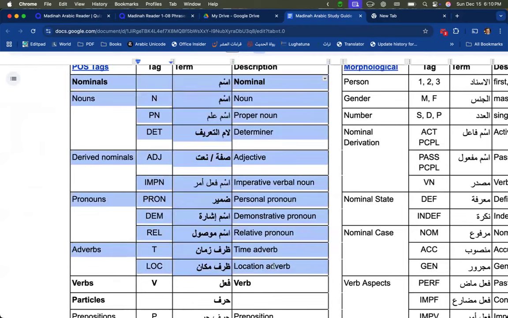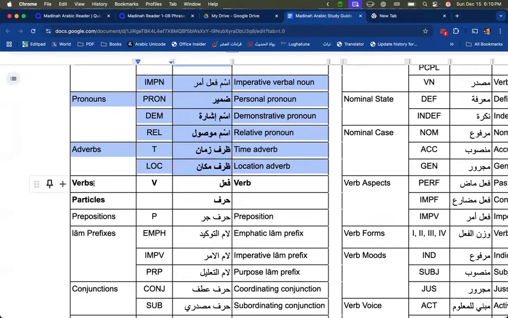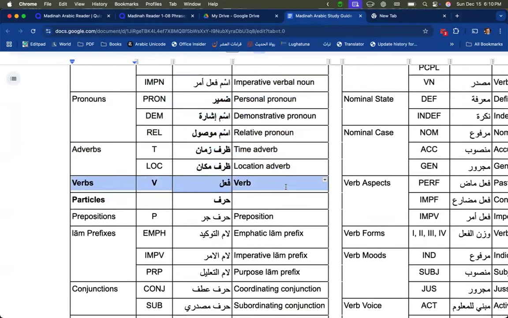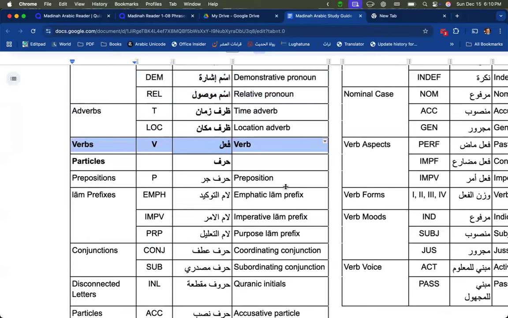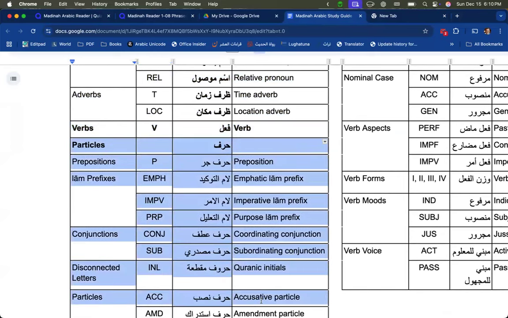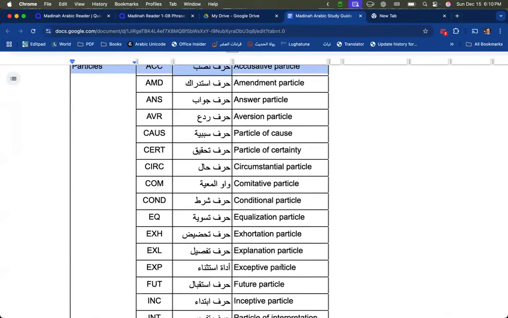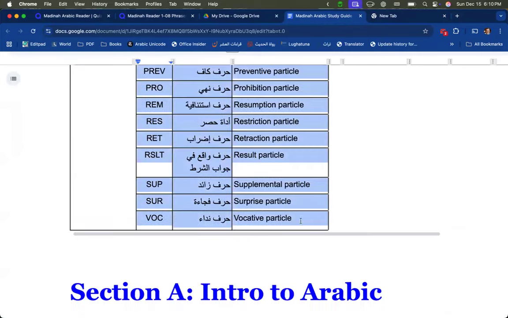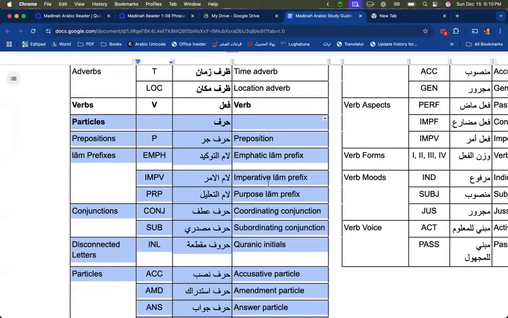They're all types of ism, subtypes of ism. Now, verbs is just one type, fi'l. Well, there's more types, but there's past tense and future tense, right? And then the third major type in Arabic is particles. All of these are different types of particles. We have learned quite a few of them.